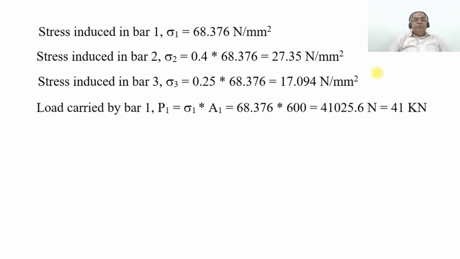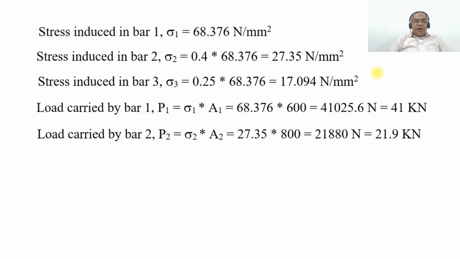So what is the load carried by bar 1? The load carried by bar 1, which is P1, will be equal to sigma 1 into A1. Substitute the value of sigma 1 as 68.376 into A1, which is 600. On simplification, you are going to get 41,025.6 Newton, which is equal to 41 kilonewton.